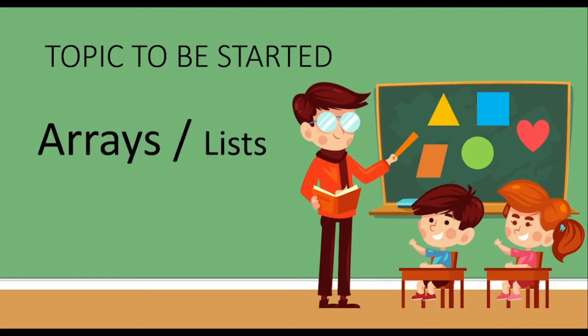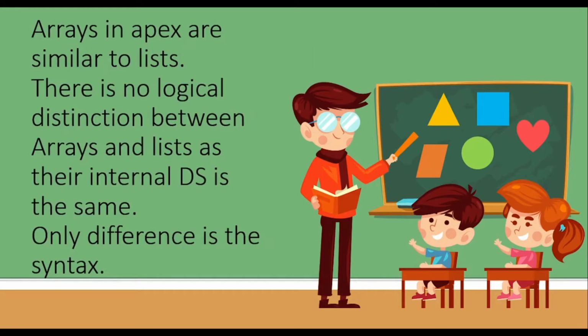Is there any difference between arrays and lists if we are talking specifically about Apex? Arrays in Apex are similar to lists. There is no logical distinction between arrays and lists because the internal data structure is the same, so both can be used interchangeably.